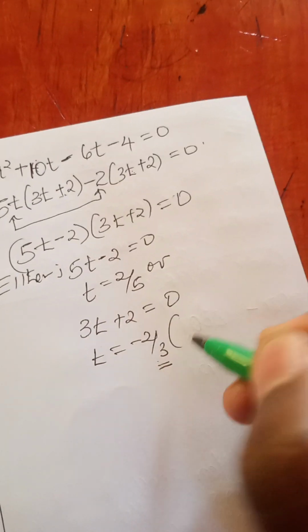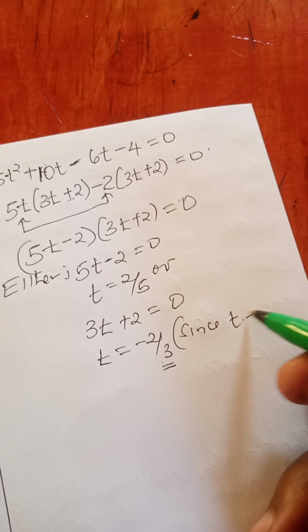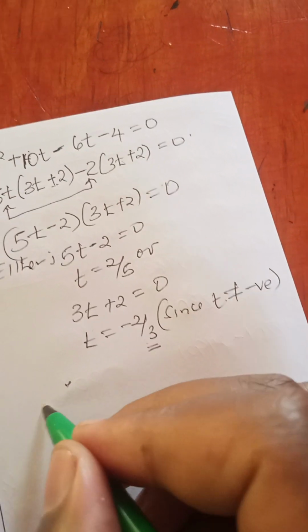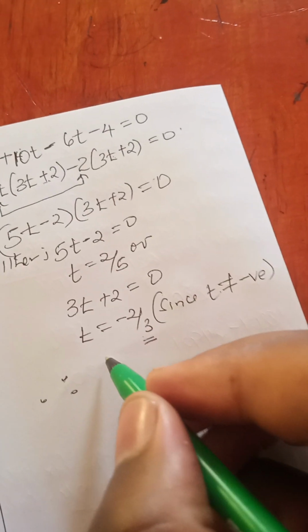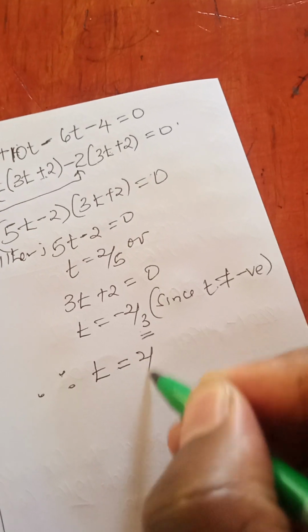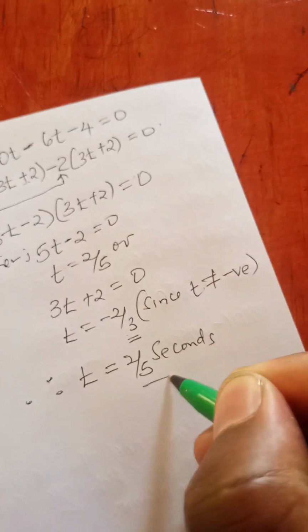But since time cannot be negative, we will therefore say that the correct value of t should be 2 over 5 seconds. That is the end of part B.